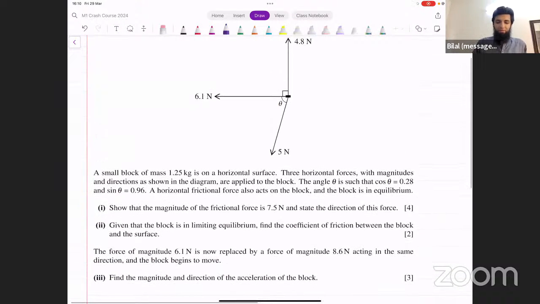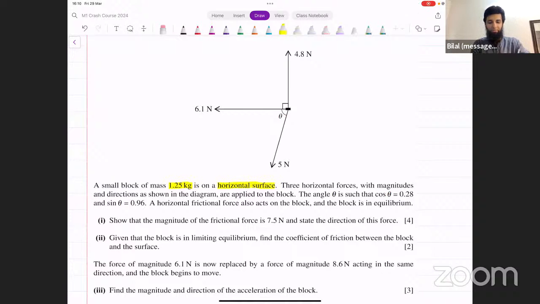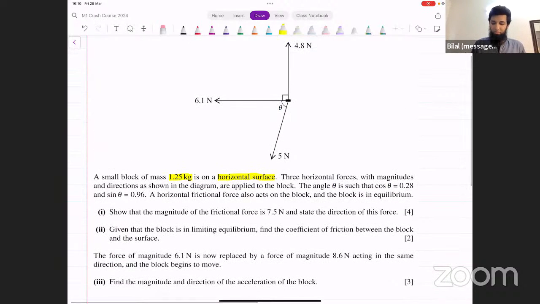A small block of mass 1.25 kilograms is on a horizontal surface. The mass is 1.25 kilograms. Three horizontal forces. So the surface is horizontal, and the forces that we're talking about are also horizontal. They have these magnitudes and directions as shown in the diagram. So all of these forces are horizontal.